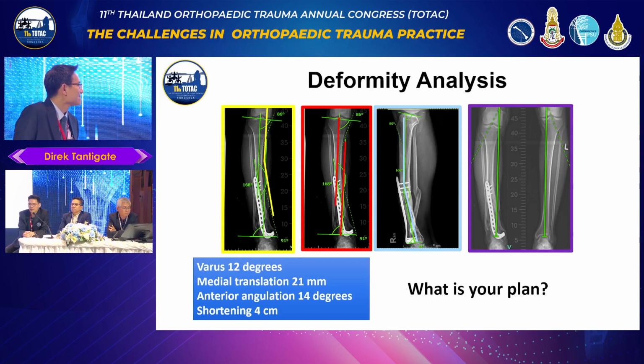If we need to regain the length, I will not do an acute correction, because it may stretch the vessels and risk the blood supply to the distal part. If we have to do an acute correction, we would do an acute shortening in order not to risk the vascular structures.